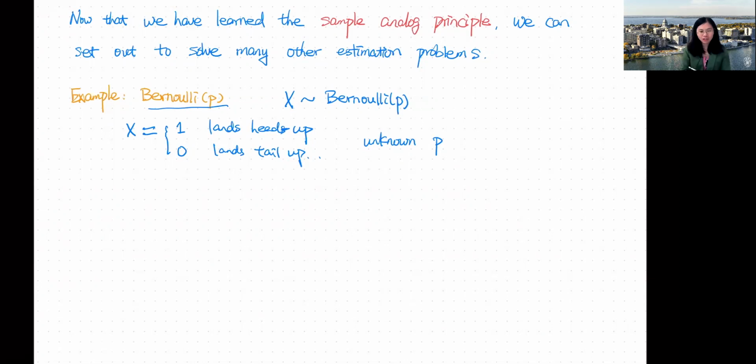Suppose that you tossed the coin n times, then you arrive at a data set that is denoted by x_i, i equals 1 to n. So you have n observations of the coin. So that's your data set. And it's reasonable to think that this is an IID random sample from the Bernoulli p distribution.